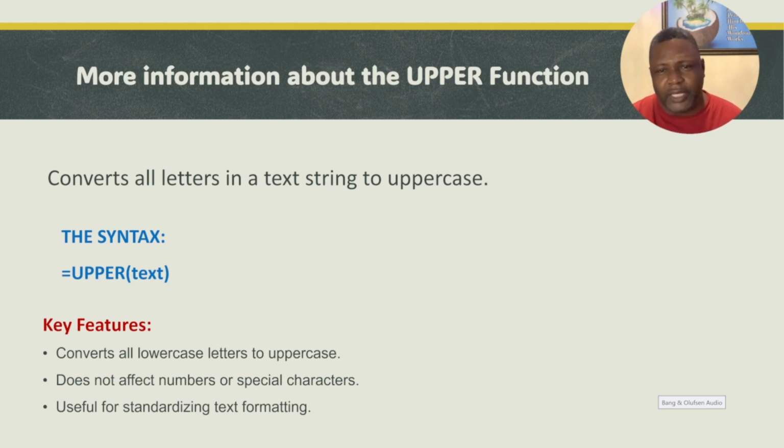The key features here is that it converts all lowercase letters to uppercase. It does not affect numbers or special characters, and it is useful for standardizing text formatting. So join me in the Excel sheet as we see how this simple function can be used.